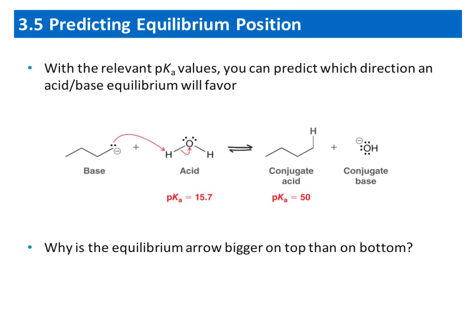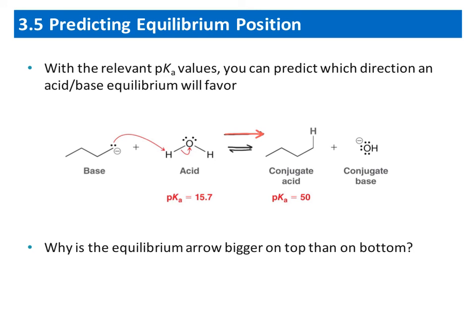So the equilibrium favors formation of the weaker acid, meaning that the equilibrium prefers this direction. And the difference between these two pKa is high enough that the equilibrium can go one way completely. So this is the direction that is preferred.